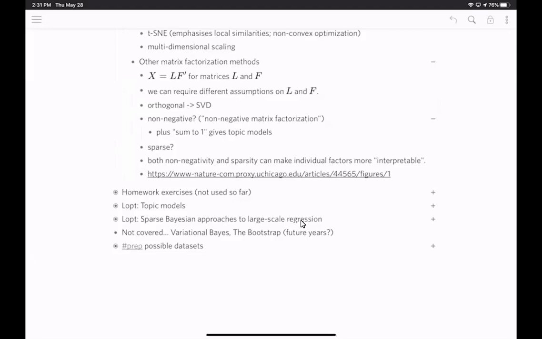If you think about it, clustering is where each point, each image, let's say, comes from a single cluster, right? So a clustering you can also think of as matrix factorization, or kind of similar, where for the L's you're only loaded on a single one, the F's represent the cluster means, and each image is loaded on just one cluster.